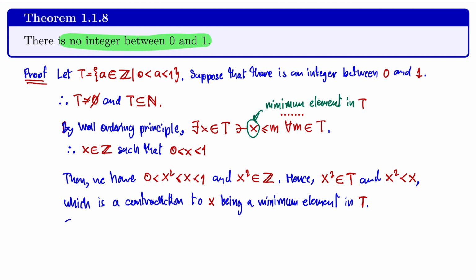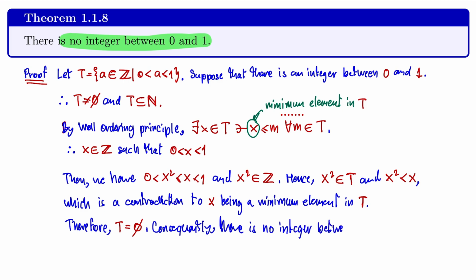This means that T is an empty set. Consequently, there is no integer between 0 and 1.